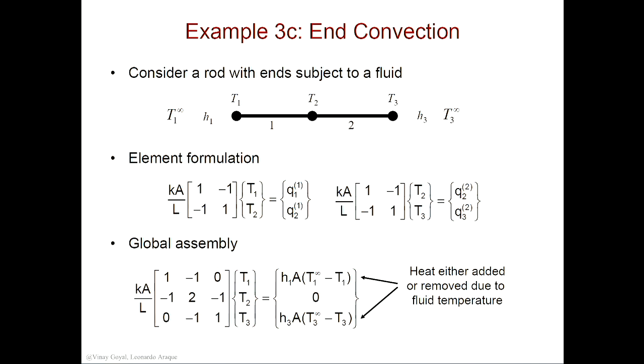Okay, this is great, but there's a problem. The problem is that when I assemble it, and I have this great equation, T1 shows up here and shows up there. And T3 shows up here and shows up there. So this is what is called a mixed boundary condition.